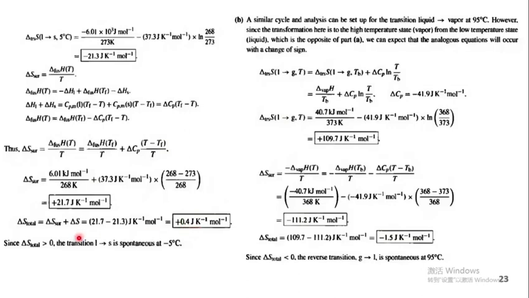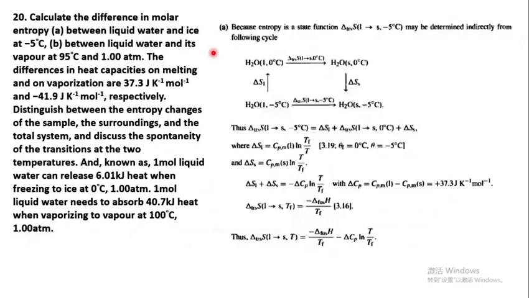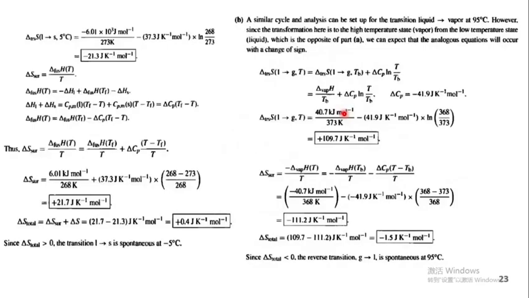The delta S is bigger than 0. It means this process is spontaneous. Which process is spontaneous? This process, from the liquid to solid. So it means in this process, the water can freeze to ice at -5 degrees.